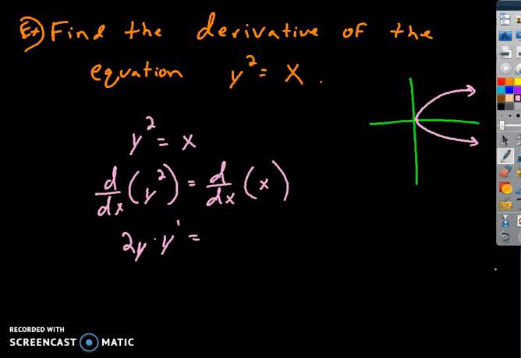using the chain rule. Essentially, the derivative of any function would be to use the power rule as always, times the derivative of the inner function. In this case, it's y, so it's always times y prime or x prime.